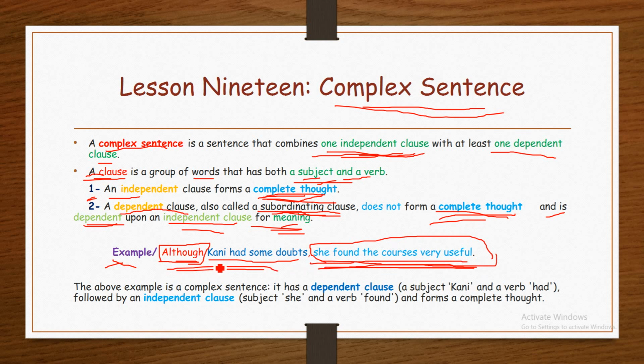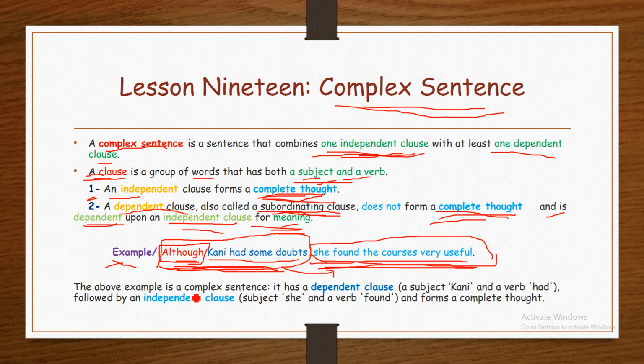But here, although Kani had some doubts, the meaning is not complete, and it doesn't form a complete thought. The meaning of the subordinating clause is reliant or dependent on the independent clause.